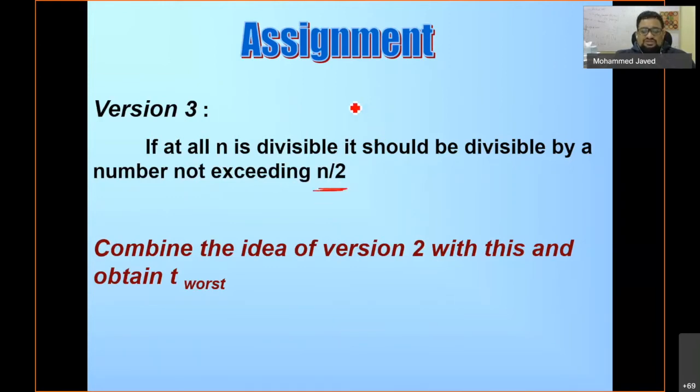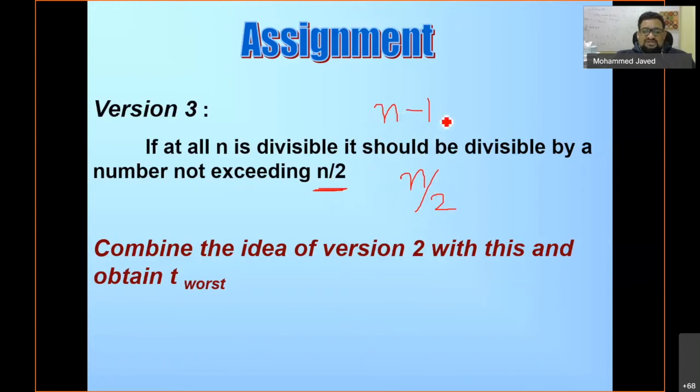In version 1 and version 2, we went up to n minus 1. But by the domain knowledge, we come to know that we need not go up to n minus 1; we can go up to n by 2.